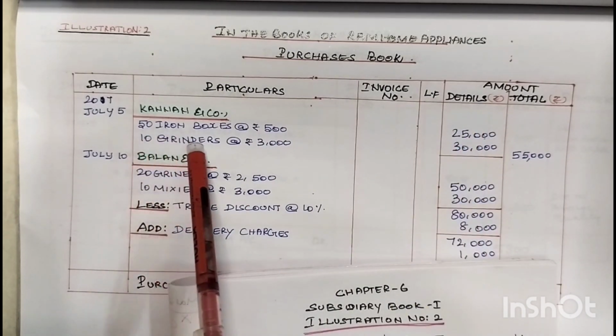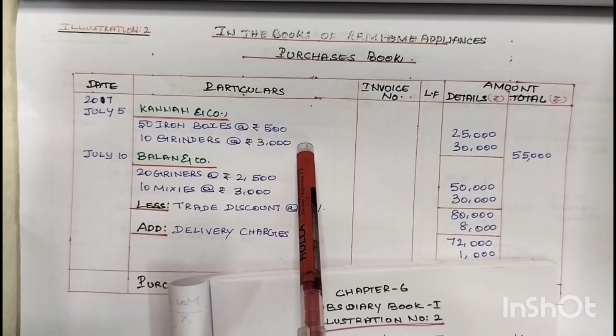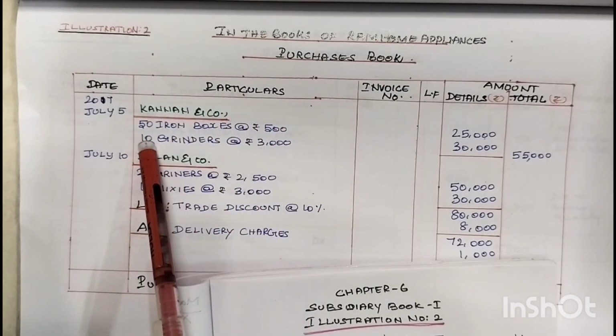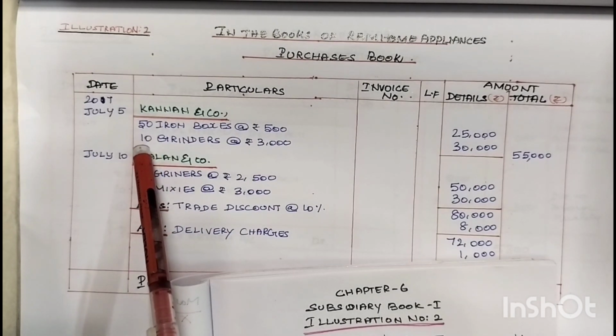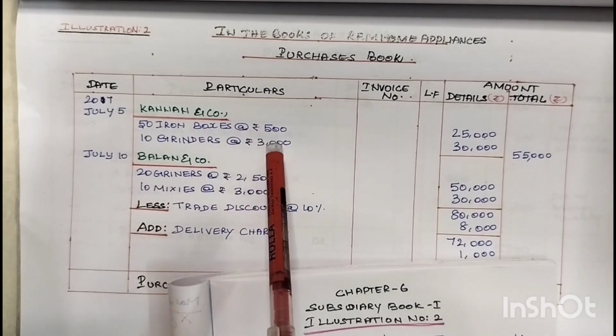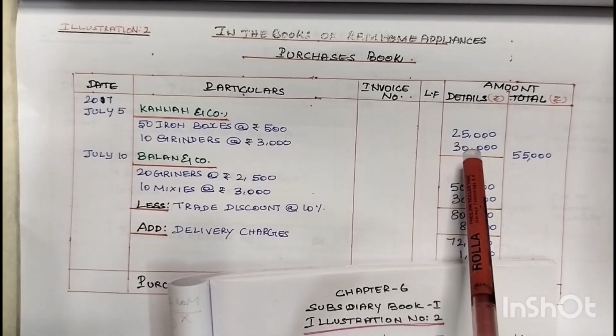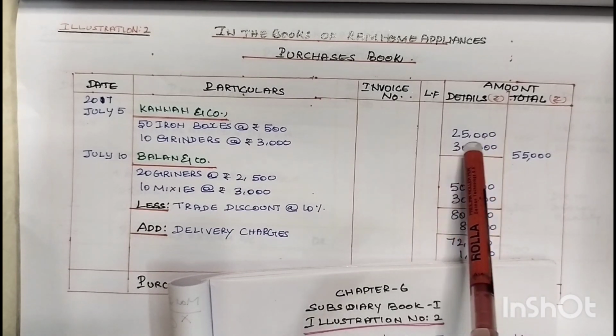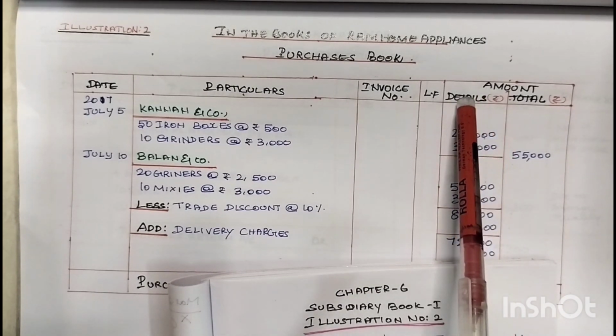Then 10 grinders at rupees 3000 each. So one grinder rate is rupees 3000. How much for 10 grinders? So we have to find. How do we find? We have to multiply 10 into 3000. How much do you get? You got 30,000 rupees. You have to enter that 30,000 rupees into the detail column.